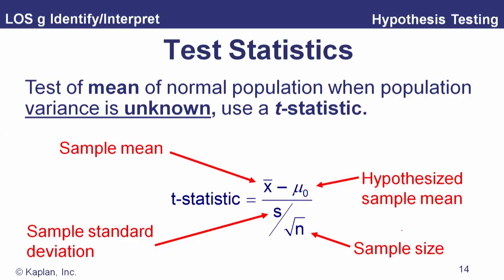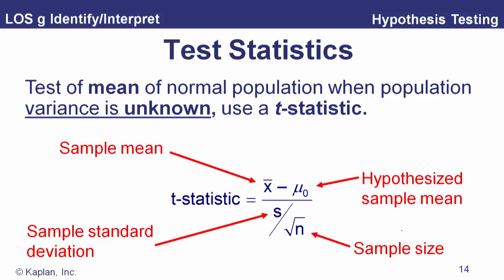Now let's look at some test statistics and some more examples of hypothesis tests. We want to test the mean of a normal population when the population variance is unknown. So the more conservative approach is to use the t-statistic.